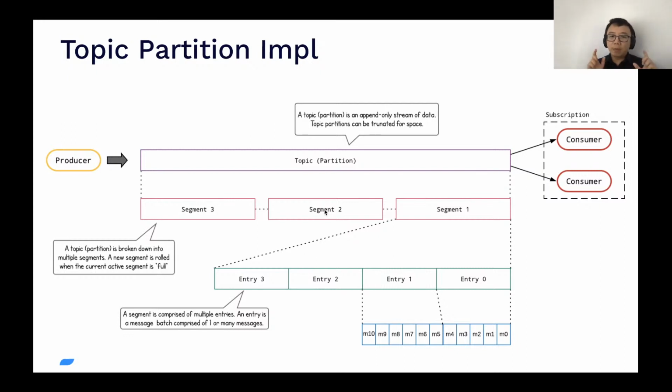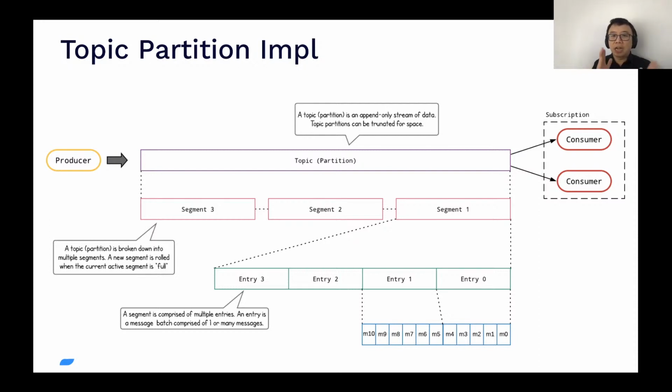One thing you want to keep in mind is that the topic itself is segment-based, and that is important for you to understand the storage model, because later when we talk about storage size, we will use the segment concept.